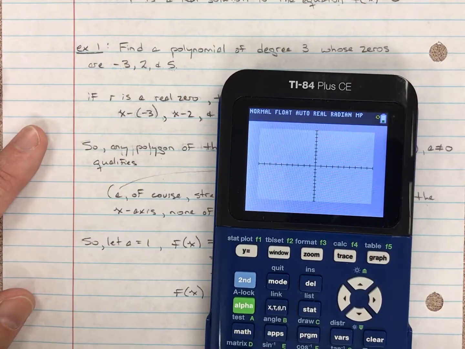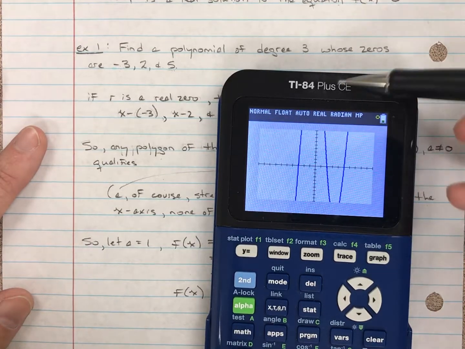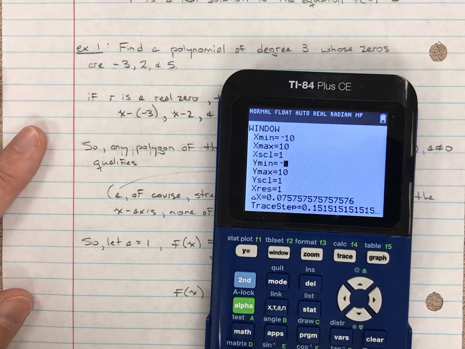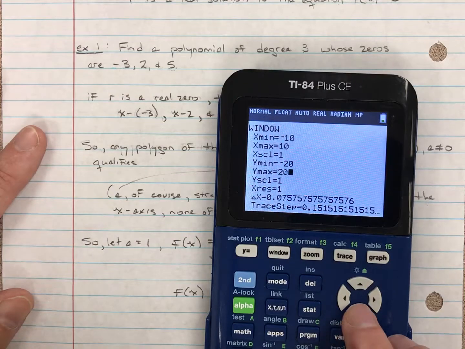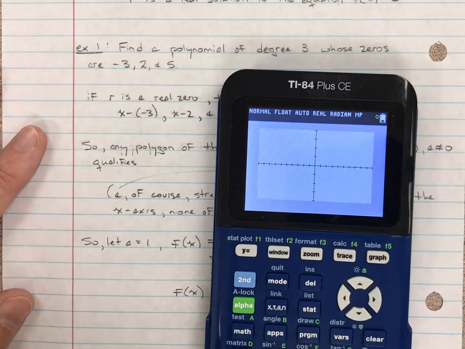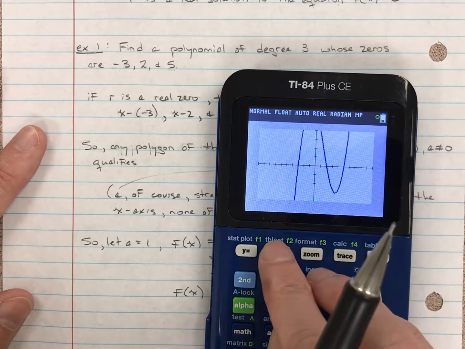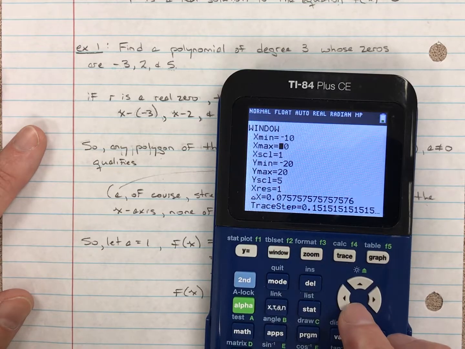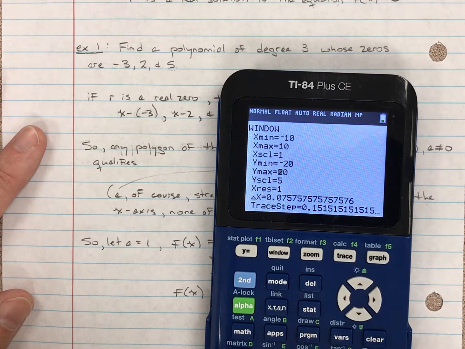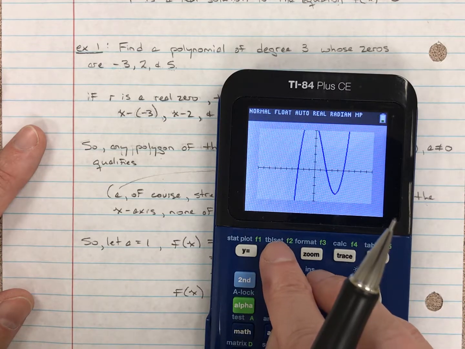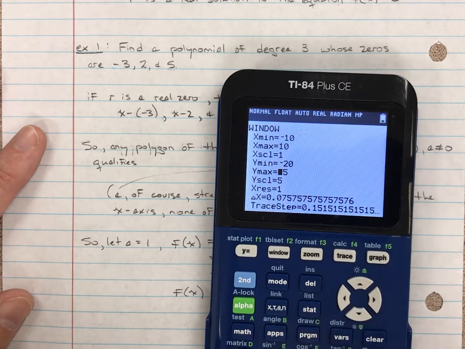I'm going to graph it in the standard window, and it looks like I need a bit more in the y direction. So I'll go back to my window. I'll make my y go from negative 20 to 20 just to see the entire graph, and I'll count by 5s. And oops, I still missed it. I'll do one more window change. I've got to go a bit higher in the y direction. Let's go to 25 and see if I get it that way. I should have gone to 30. Let's go back and go to 30.